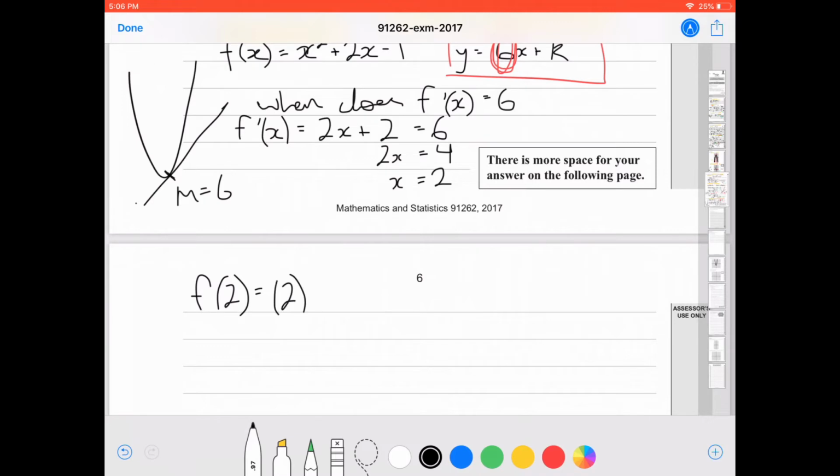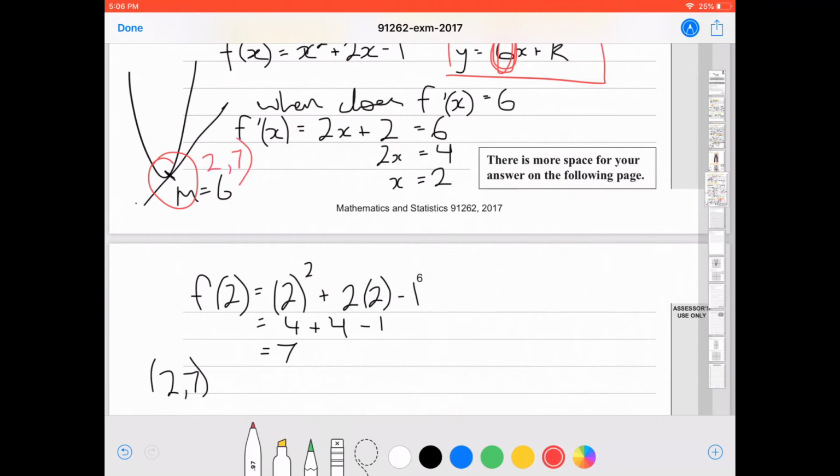So 2 squared plus 2 times 2 minus 1. That equals 4 plus 4 minus 1, so that is 8 minus 1, so 7. So this coordinate in here is 2, 7, right? And we could even write it up here again, 2, 7.